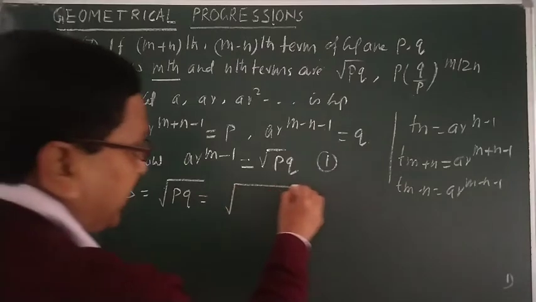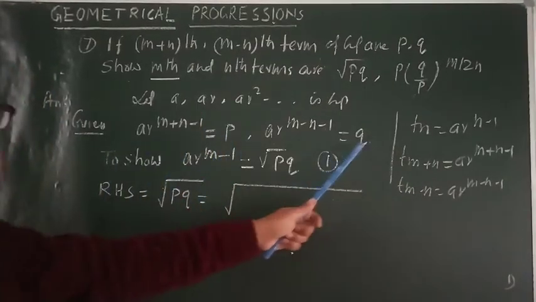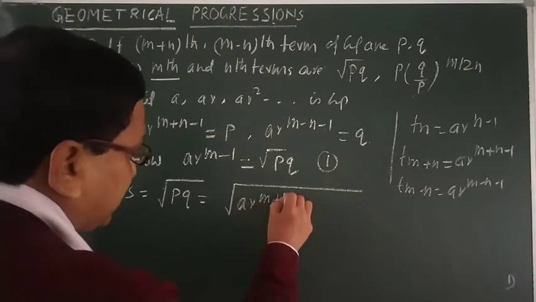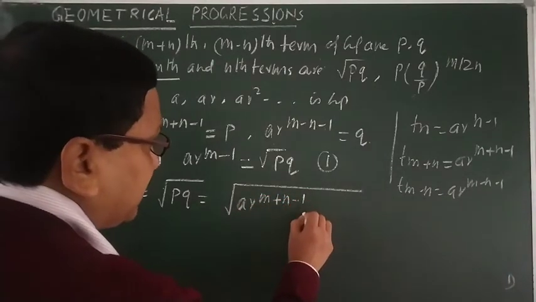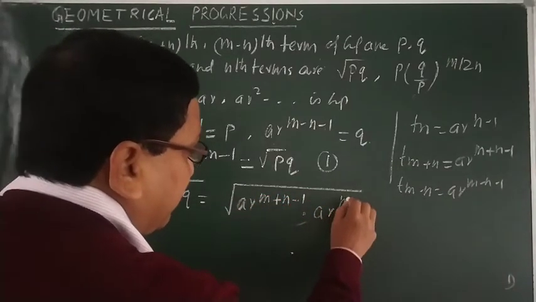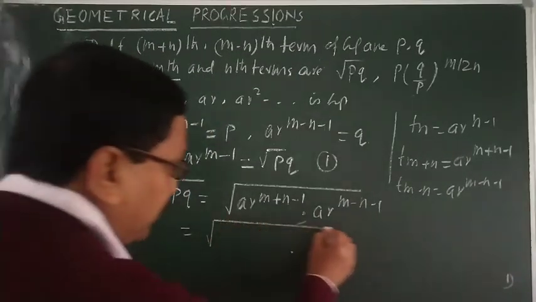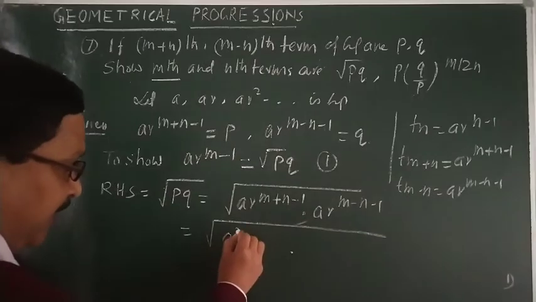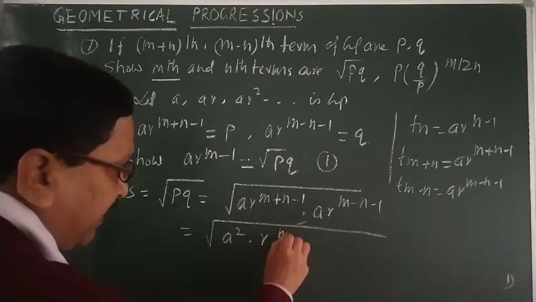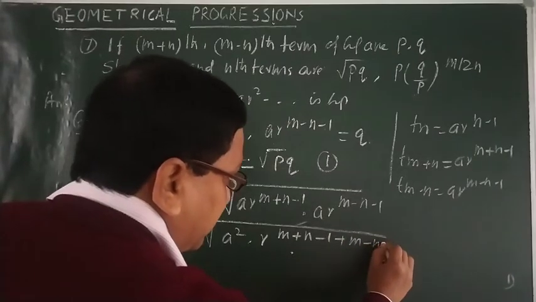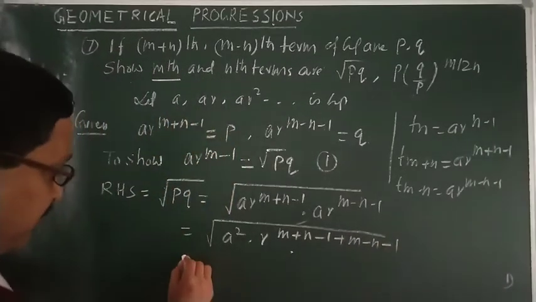Put the value of P and Q you have got. This is P and this is Q. So AR^(m+n-1) into AR^(m-n-1). Now simplify this. A square R to the power (m plus n minus 1) plus (m minus n minus 1). Now see what happens.